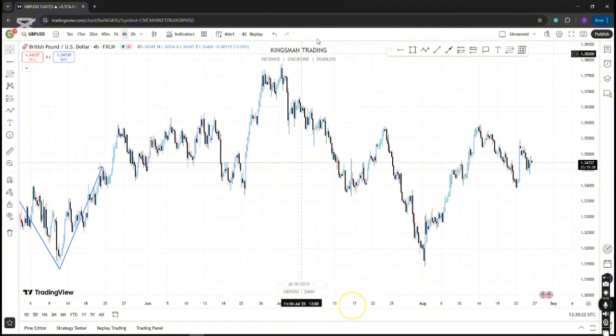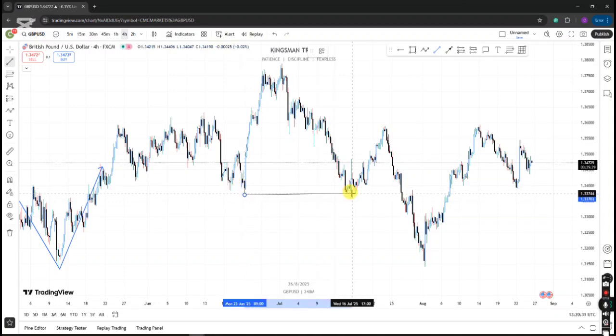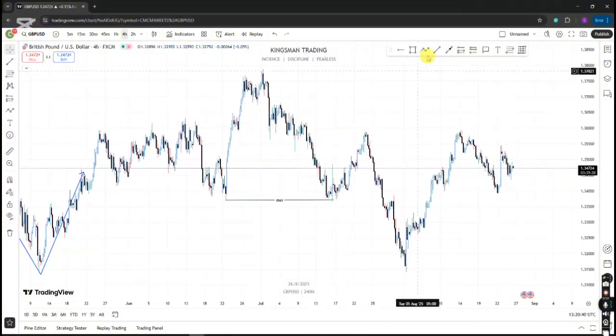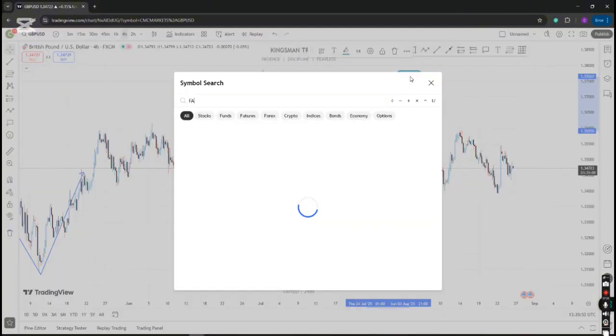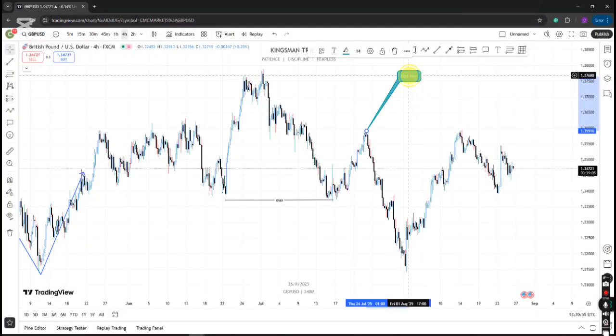So right here, this is where we have our market structure shift, where this protected level got invalidated, and then this is a failure swing.